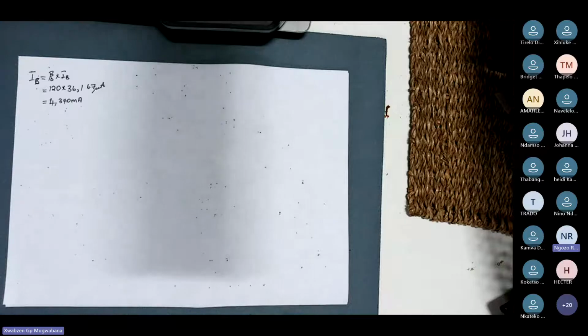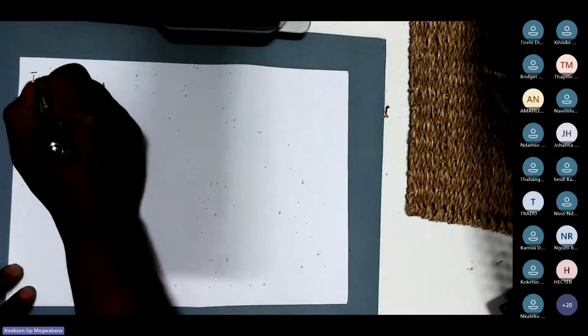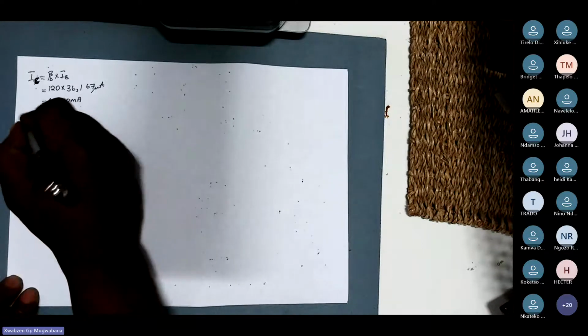Now, once you find your IC, remember this is IC, because I know you guys, when you are alone, you write IB. This is your IC. Now I can find what is my VC.